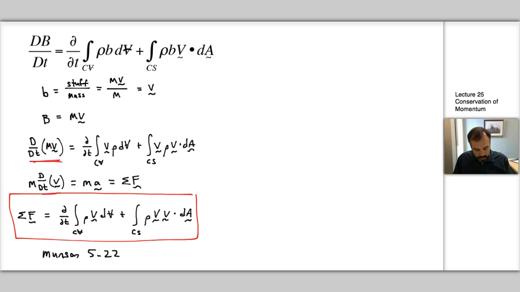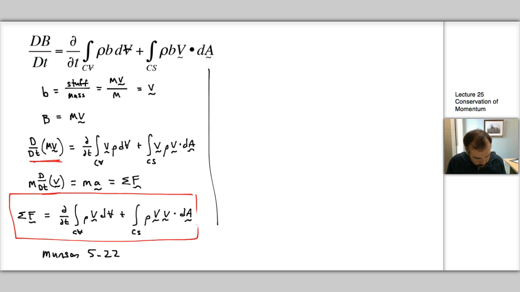We often don't leave this equation in this form. We separate it out into its components, so I just want to write that before we move on. We write out all the components of this force vector.